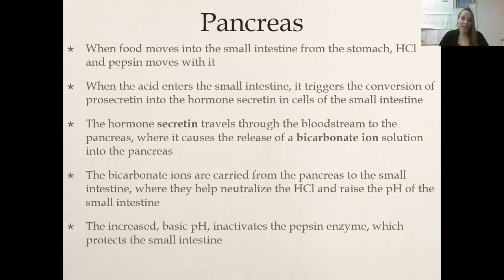Once the pH gets to between 7 and 9, the pepsin no longer functions. So the bicarbonate ions essentially protect the small intestine from being chemically burned by the hydrochloric acid or being digested by the pepsin, just by neutralizing the hydrochloric acid and then increasing the pH to one that inactivates pepsin.